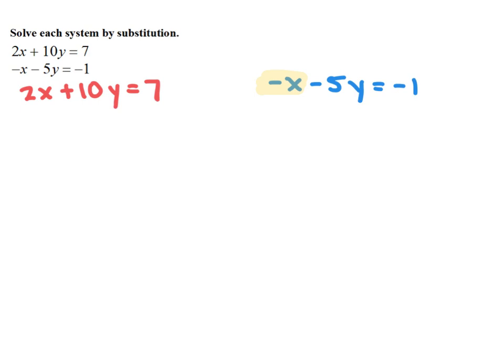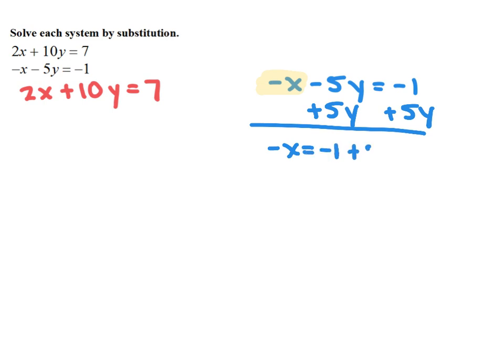So in order to get it by itself, I first have to add 5y to both sides. So you get negative x equals negative 1 plus 5y, and then divide both sides by negative 1 to get rid of that negative in front of the x. This becomes x equals 1 minus 5y.